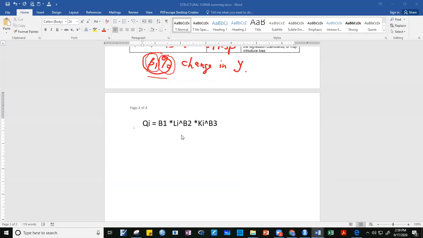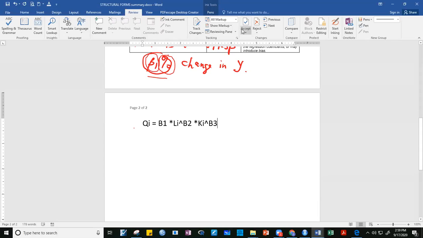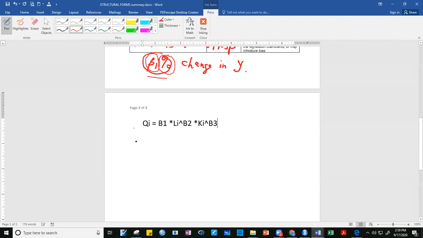The one in the R file is actually like this, because it's hard to do exponents there. Okay. So this is output is equal to B1 times labor raised to the B2 times capital raised to the B3. Okay, that's the equation, guys.